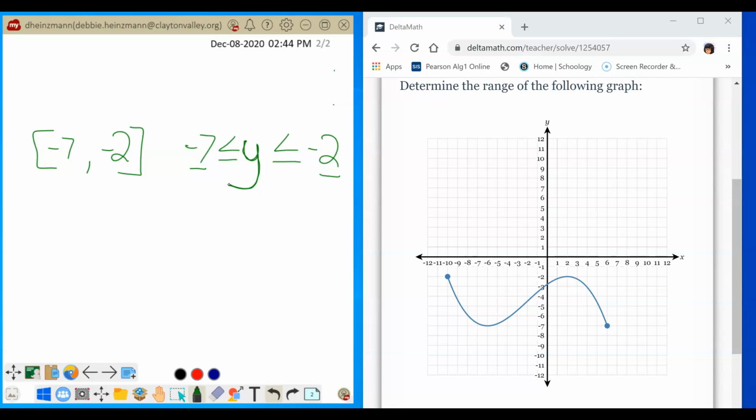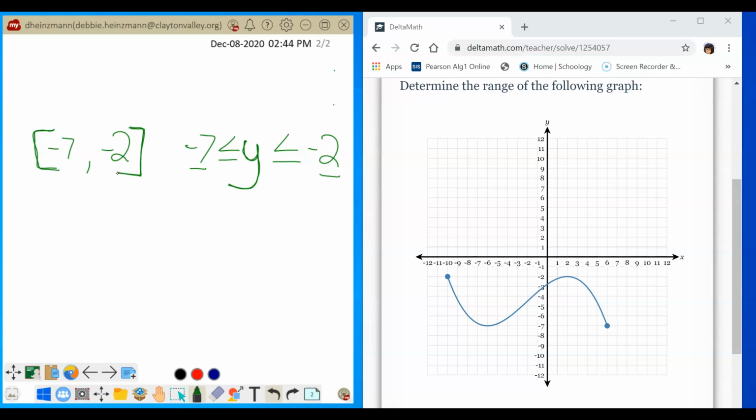And then, of course, because everything is included on the line, we use our less than or equal to signs. So now let's translate this over to interval notation. Once again, closed circle, equal to. So I'm going to use brackets. And your lowest value always gets written first, and your highest value gets written last.